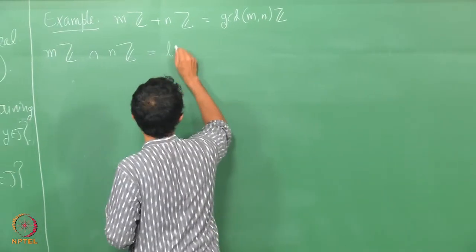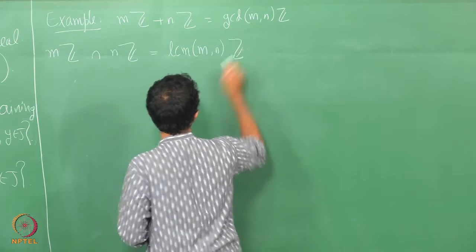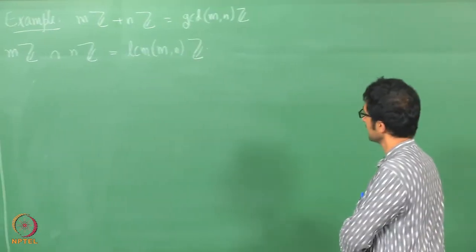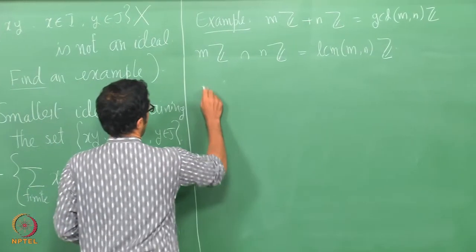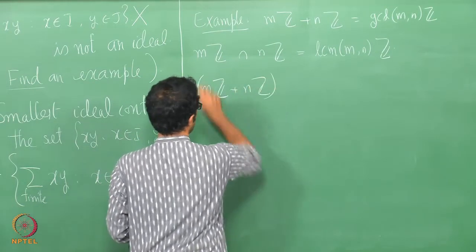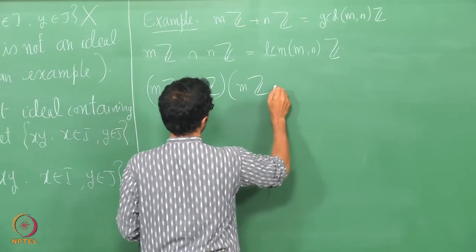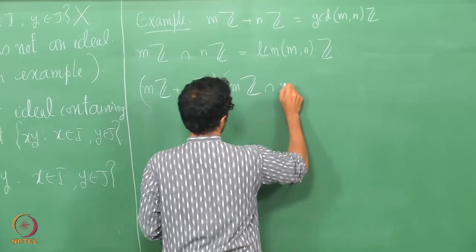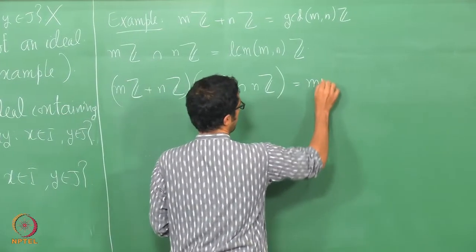LCM of m, n times Z. So therefore, mZ plus nZ times mZ intersection nZ, this is mnZ.